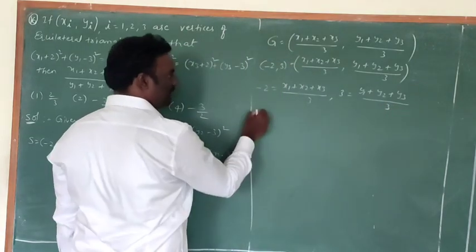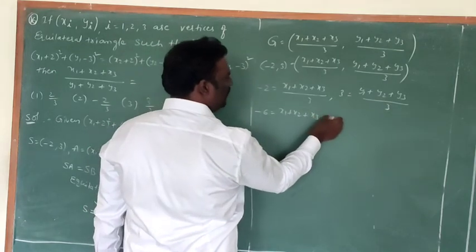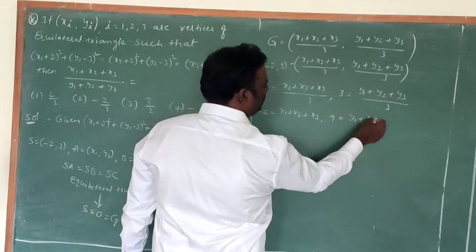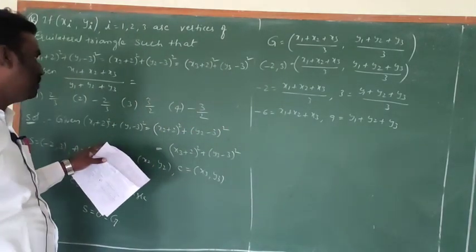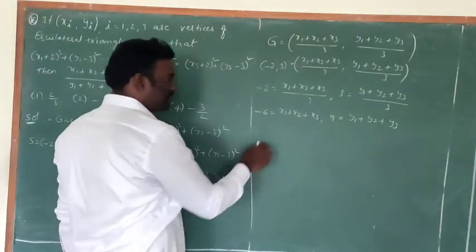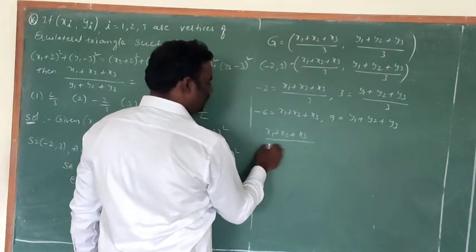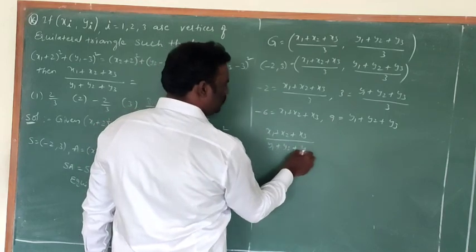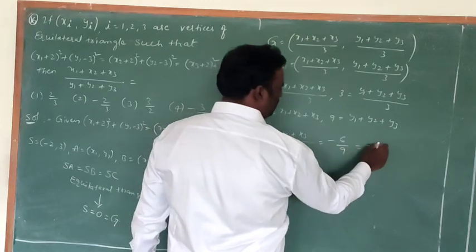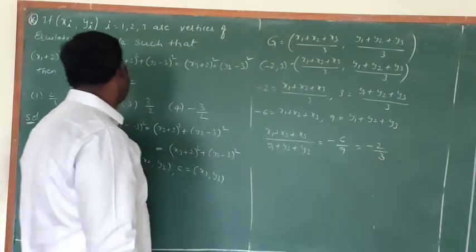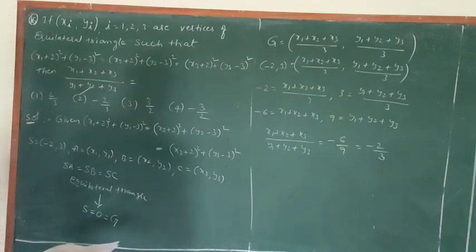Now cross multiply: minus 6 is equal to x1 plus x2 plus x3, 9 is equal to y1 plus y2 plus y3. In the question, he asked x1 plus x2 plus x3 by y1 plus y2 plus y3. That equals minus 6 by 9, which equals, cancelling 3 twos are 6, 3 threes are 9, minus 2 by 3. That is option 2, the correct answer.